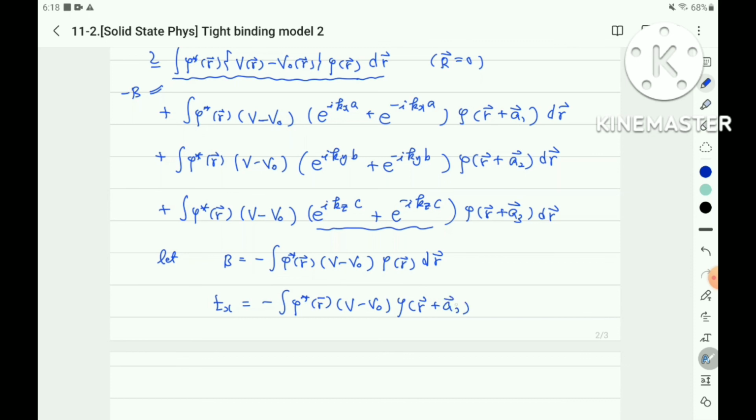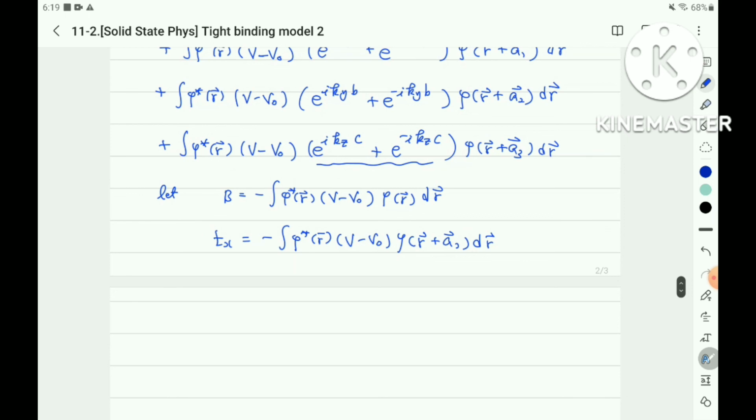It is the interaction along the x direction, and the two exponential terms give the cosine function.